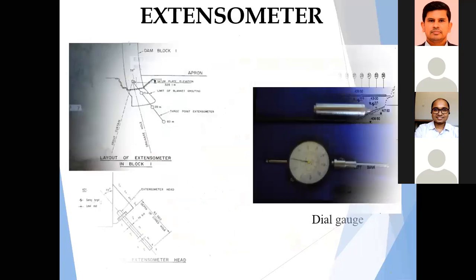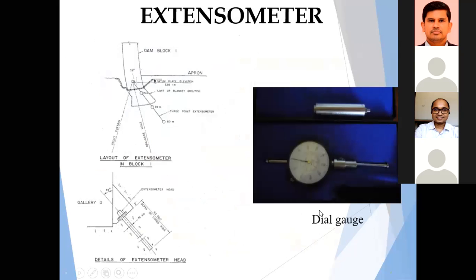We are using this instrument, a dial gauge, to measure the displacement of that extensometer. It is a 3-point extensometer. There are 3 holes located at 60 meter, 35 meter, and 15 meter depth. From that dial gauge, we are measuring the displacement of that bottom anchored point with respect to the gallery G floor level.